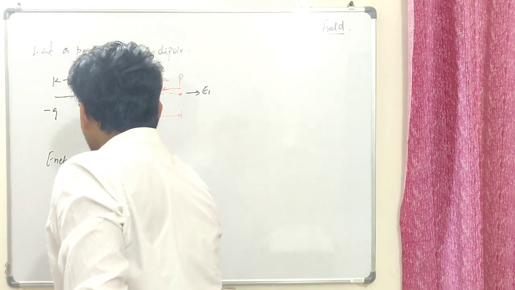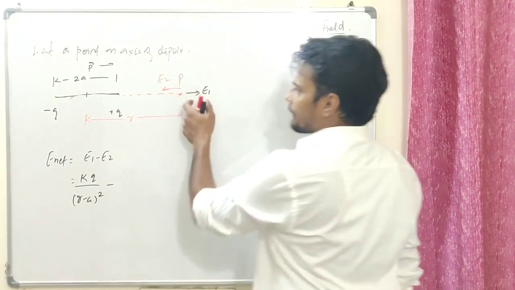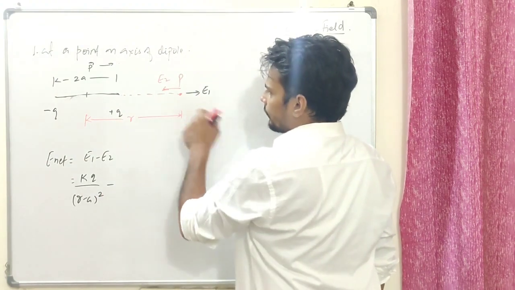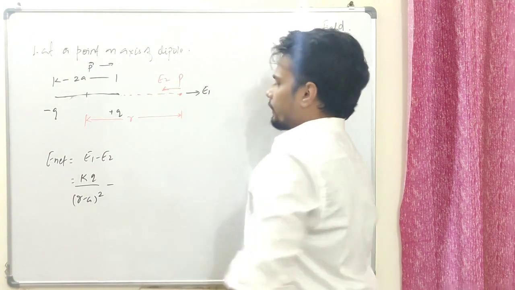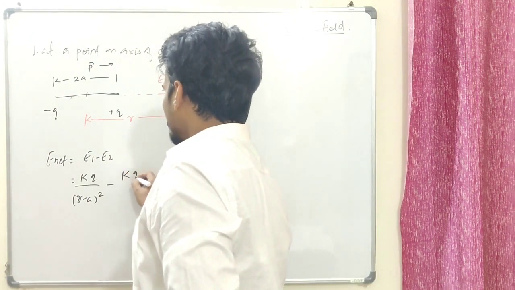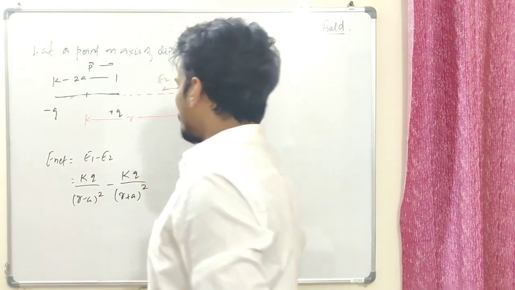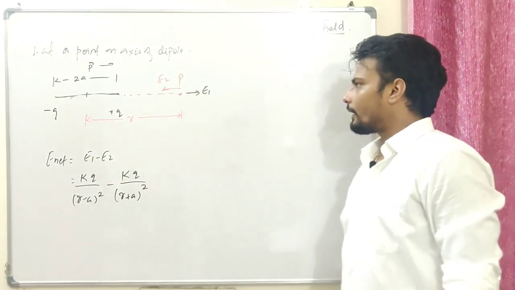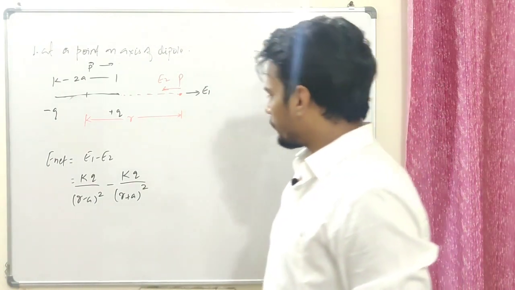Minus E2, which is in this direction, so I put minus already. Now that distance should be r plus a. So this should be kQ over (r plus a) whole square. That's going to be the net electric field at this particular point P at a distance of r from the center of the dipole.